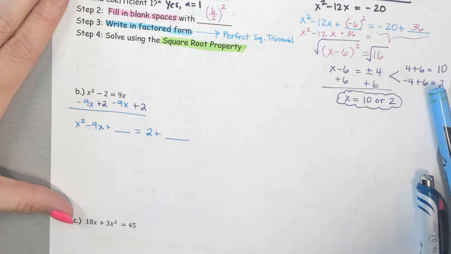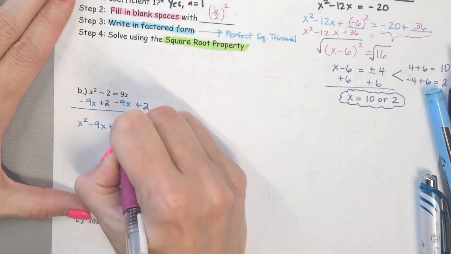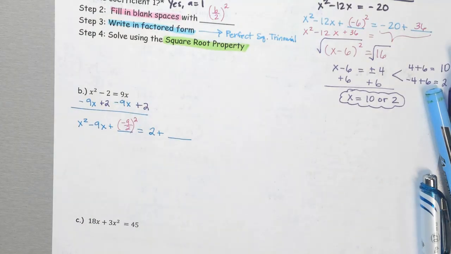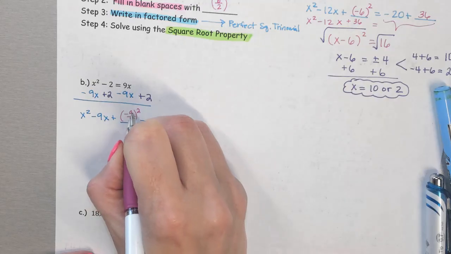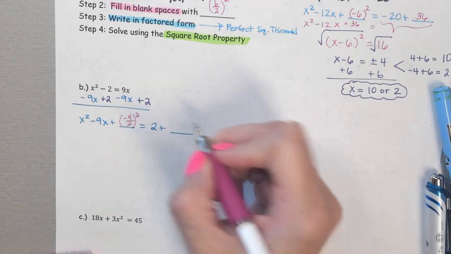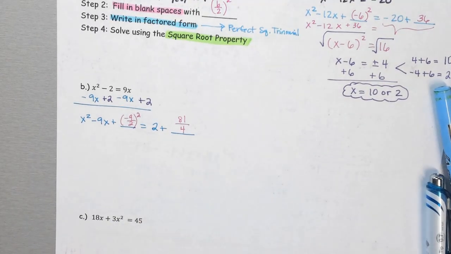Okay, so your b value is negative 9. Remember, I like to write the half of it squared in the first blank. I just find I make less mistakes that way, and I'll show you a little shortcut. So once you square this, if you square something that's negative, it is a positive. So negative 9 squared is 81, 2 squared is going to be 4.